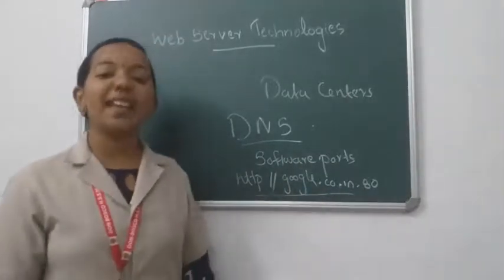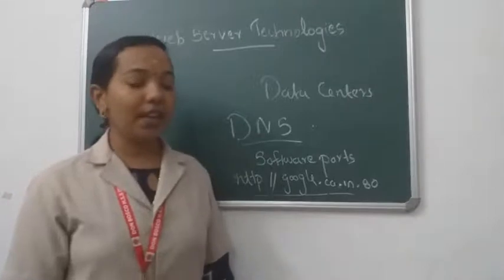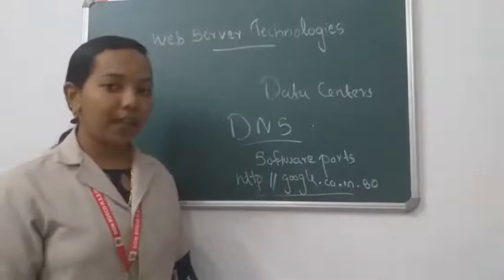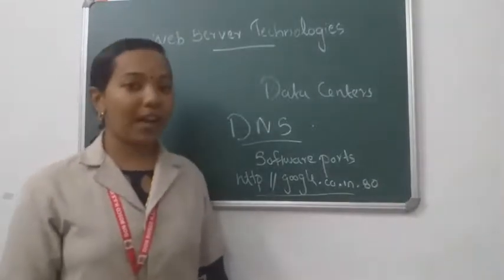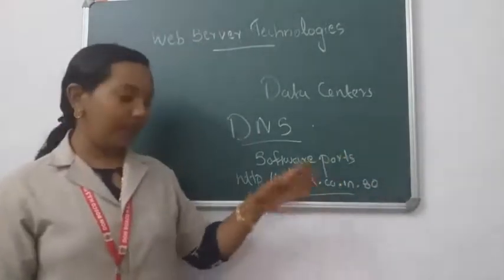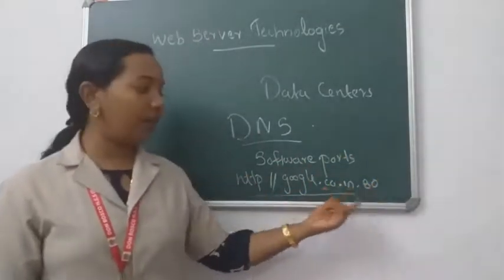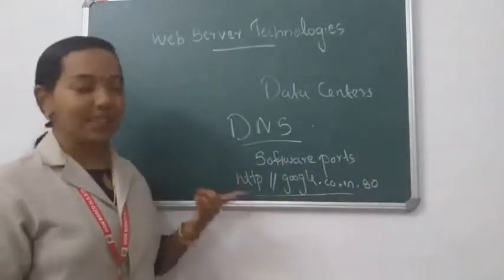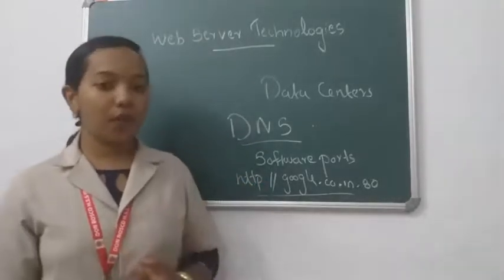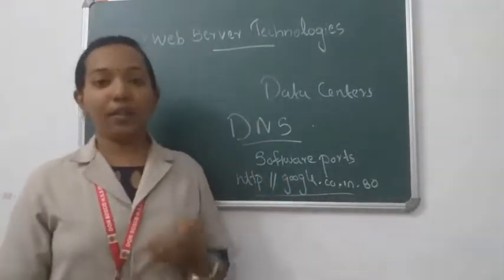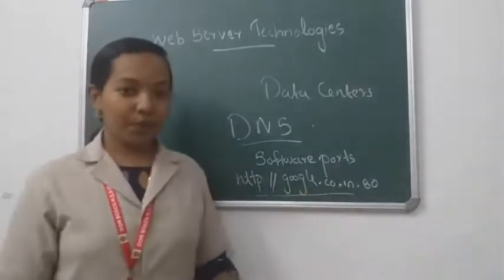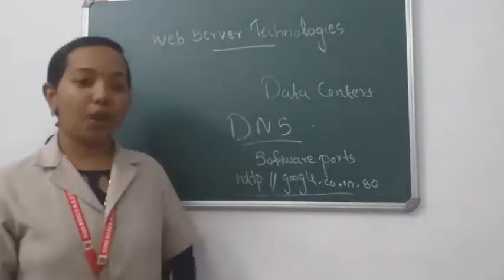Then what does this 80 indicate? 80 represents the port number. Which protocol does it represent? HTTP, hypertext transfer protocol. So when the network service provider finds this 80, it indicates it is related to the hypertext transfer protocol. With the help of this port number we can easily find out which protocol and service they belong to. So for that purpose we are using software ports.